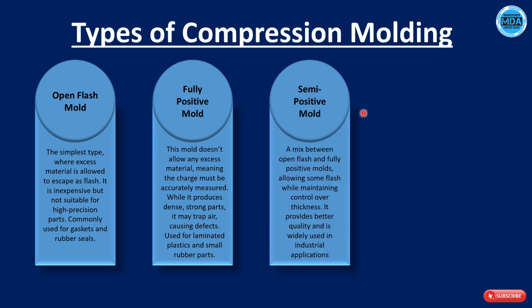Then we have the semi-positive mold. This is a combination of the open flash mold and the fully positive mold. Some material is escaping from the mold, like a small flash, while maintaining the overall thickness of the part.